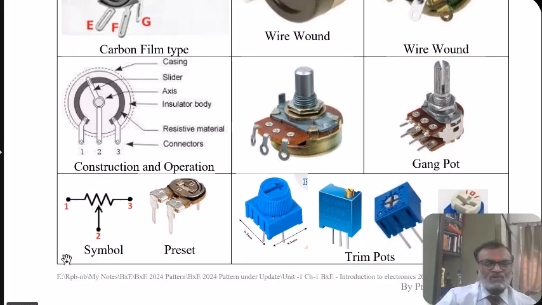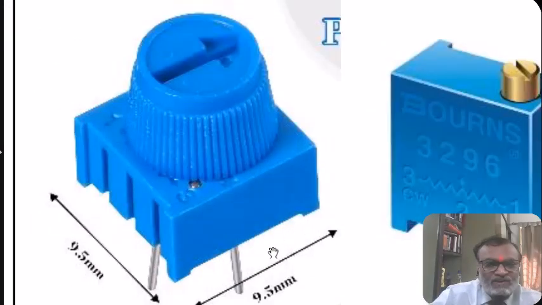Whereas here the symbol of a variable resistance is shown. It consists of two fixed terminals, say 1 and 3, and terminal 2 is a variable terminal. The small size variable resistances, those available for directly fabricating on PCB, are shown here in the figure as presets and trim pots. Their sizes are very small, as shown in the figure.